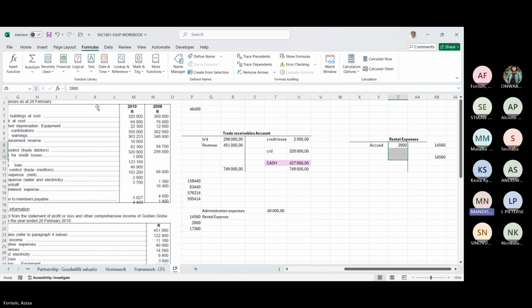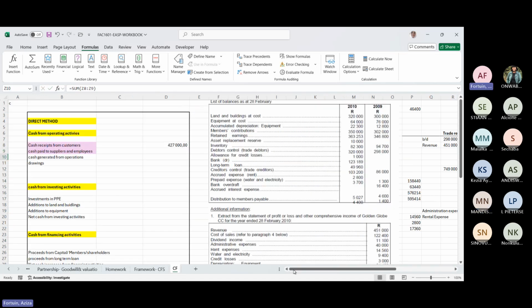Why? I'm going to show you now. Just hold on quickly. Okay, where's the two? You can see here the 2,800 is from 2010, so it's an accrual. It's a prepaid expense, right? And the 14,000 came out of our profit and loss, so you can't add it if that is a prepaid expense. Ah, sorry, accrued expense.